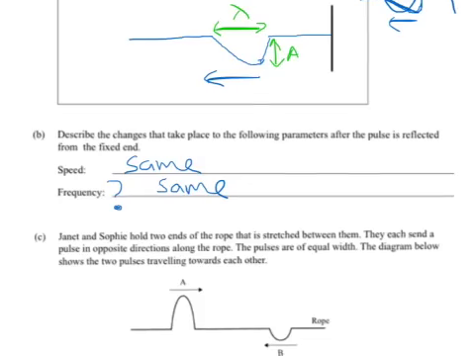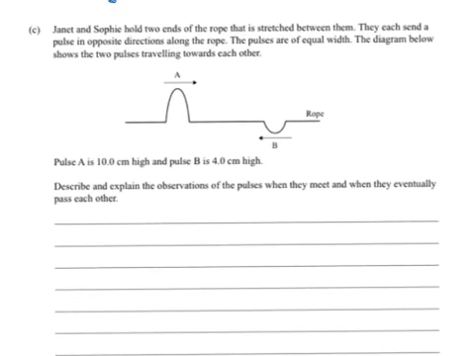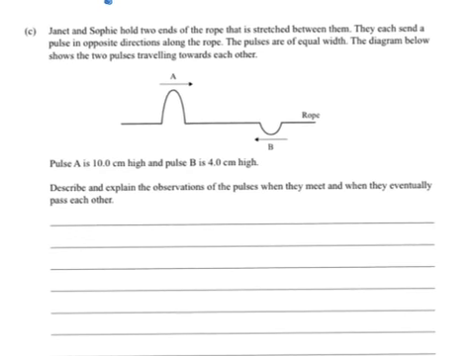Okay, C. Janet and Sophie hold two ends of the rope that is stretched between them. They each send a pulse in opposite directions along the rope. The pulses are of equal width, and the diagram below shows the two pulses travelling towards each other. Okay, so the equal width, so we can see that the wavelength, if we talk about the wavelength of a pulse, is still the same.